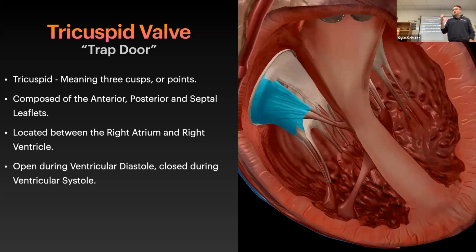Okay, so if the tricuspid valve is going to be open during ventricular diastole and closed during ventricular systole, what's happening when that's opening and closing? Yeah, so the heart is going to be pumping and then relaxing. At what point is the blood going through the tricuspid valve?